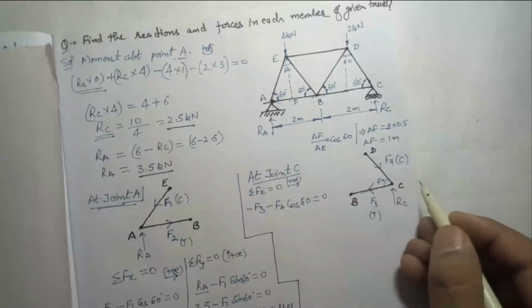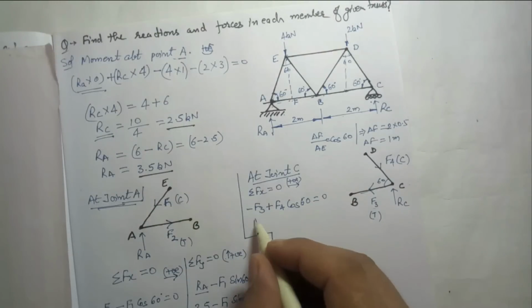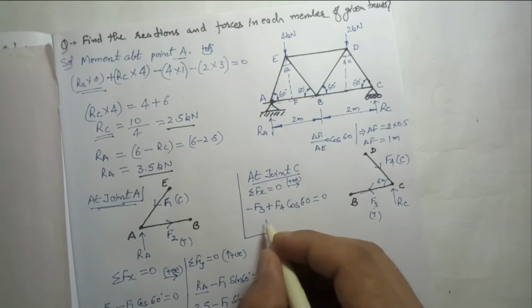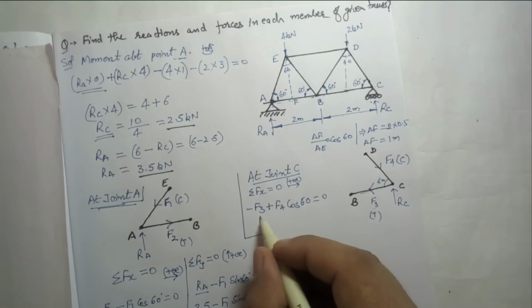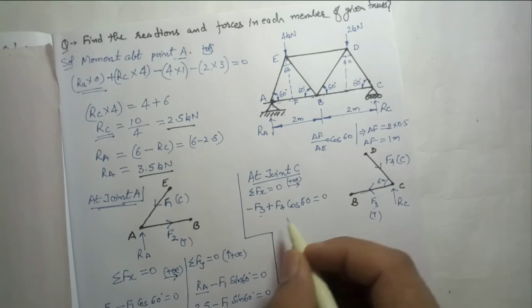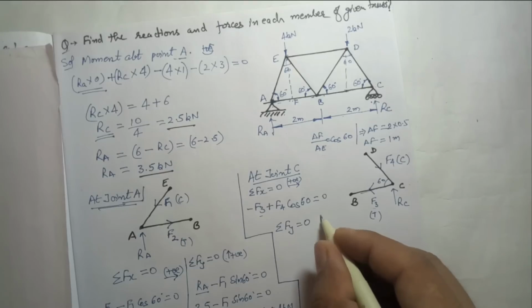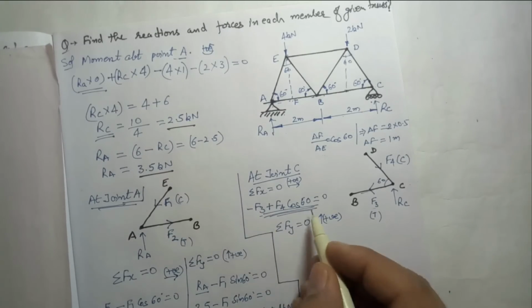So we will fill the value. We don't know the value of F3 or F4, so we need to find Fy first. So Fy is equal to 0. Let's say I have taken upward positive. After that we will fill the value in this equation.